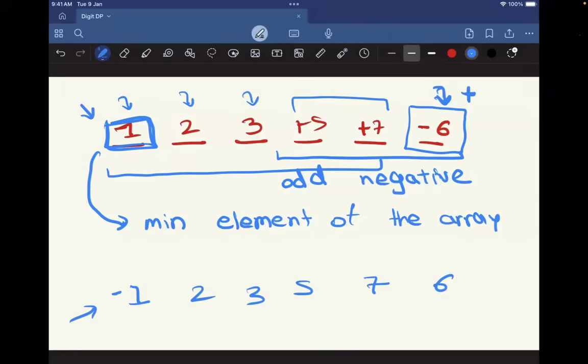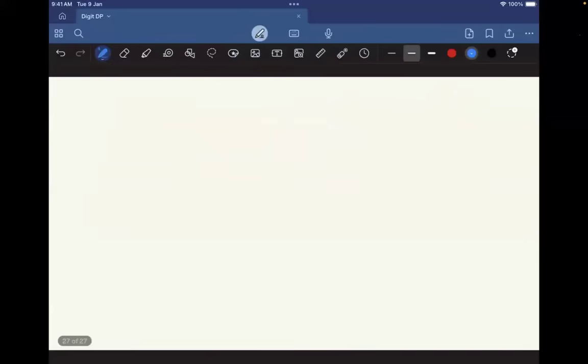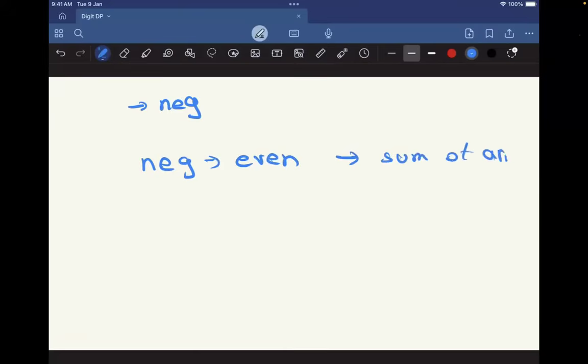Yes. So what is the basic solution? You count the number of negatives, right? If the number of negatives is even, you can just print the sum of the array, right?